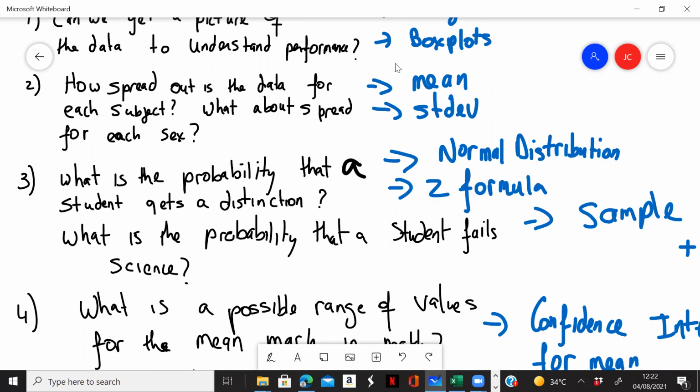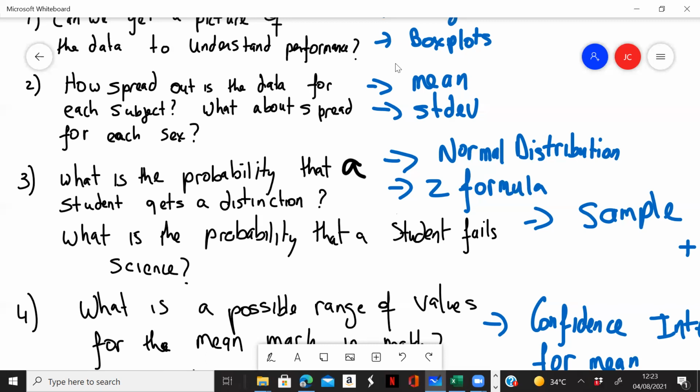Some students ask me, okay, no problem, take the ratio of students who passed over the total number of students, and you get the probability or the ratio. Well, that doesn't make sense, because you're assuming that the whole sample is the population, which is not the case.